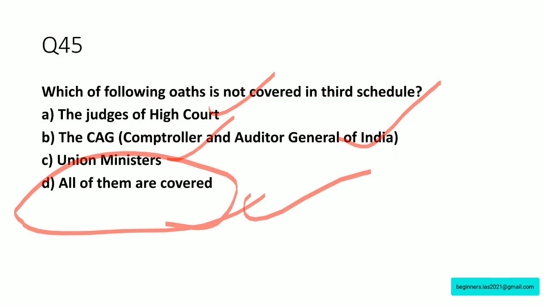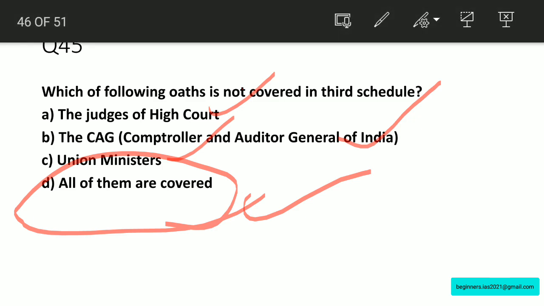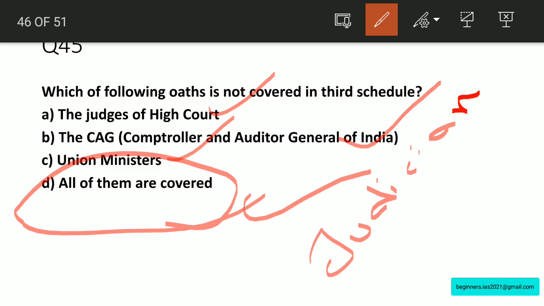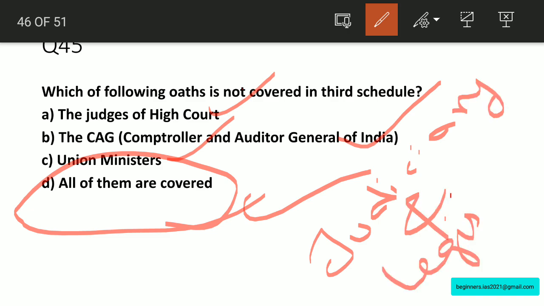In short, judiciary and legislative. Kindly note that, simple. Judiciary and legislative are mentioned in the oath. So these are the simple things one has to note.